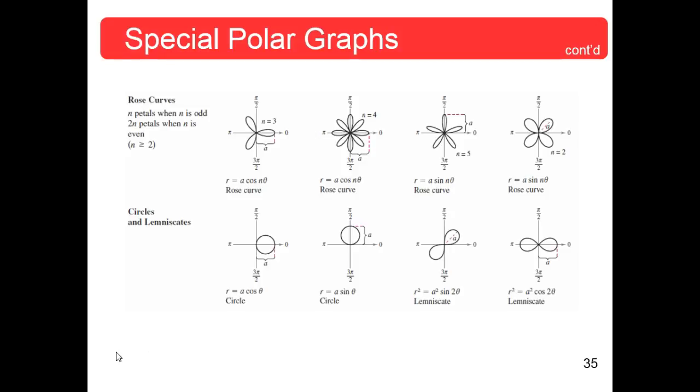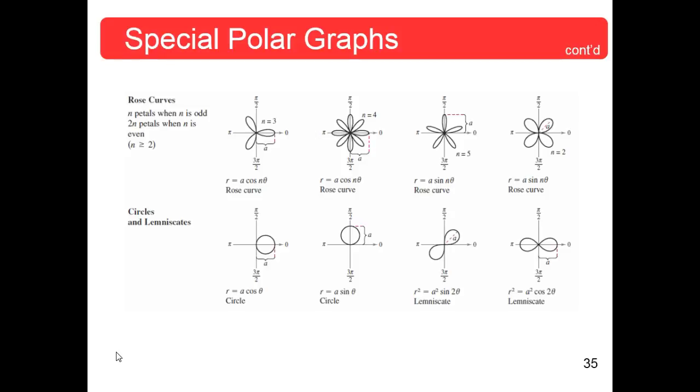So this would be r equals a cosine n theta, where a is the maximum length of that radius. With n an even number, 4 here, that means you have 8 petals. If it was 2, you'd have 4 petals.